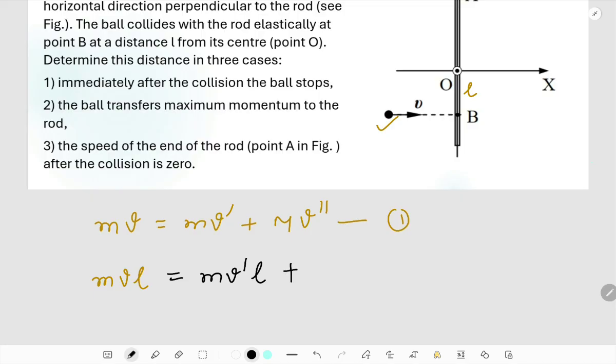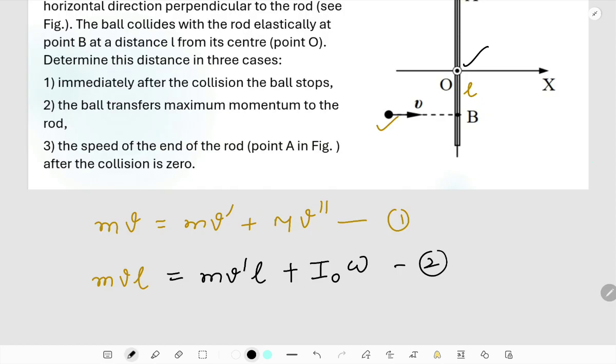The angular momentum due to the translation of the rod about the axis passing through its center of mass will be equal to 0. Since we have selected a particular axis, we will get only a spin angular momentum of the rod about this axis, and we are going to write its moment of inertia about the selected axis multiplied by the angular velocity just obtained. This completes our equation of conservation of angular momentum relative to the selected axis passing through this point.